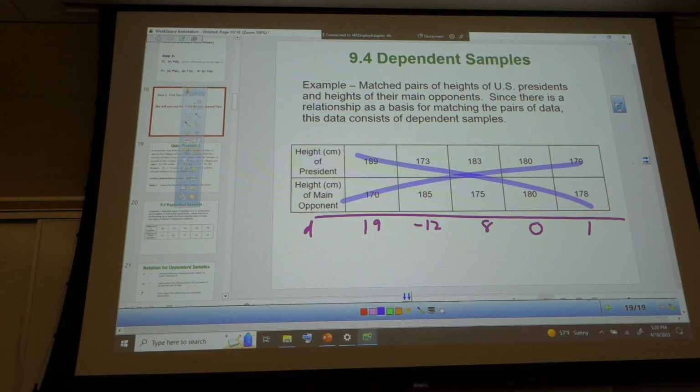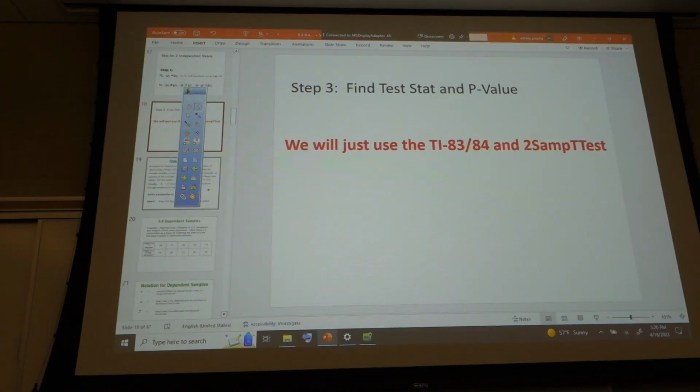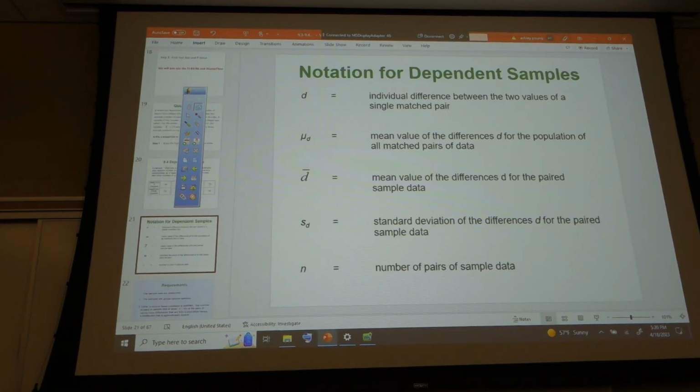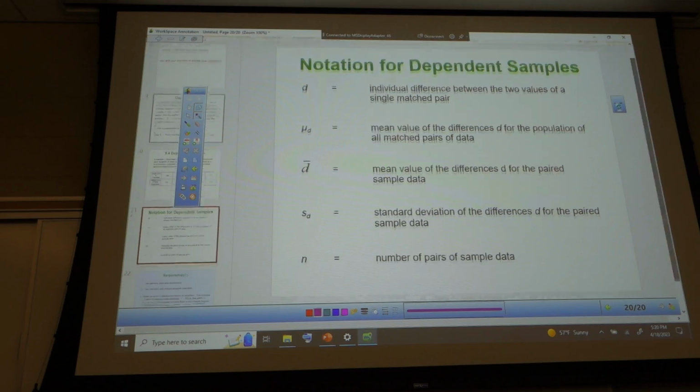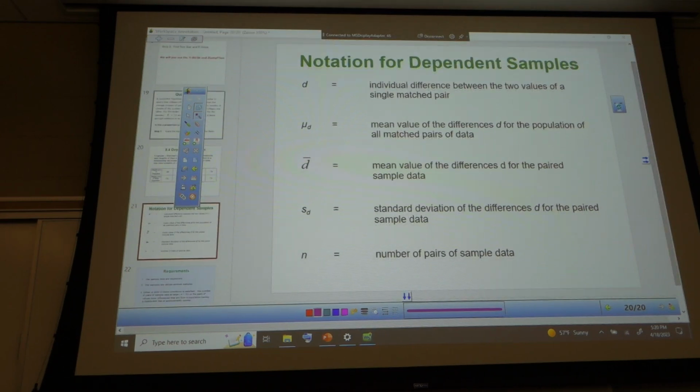There is some notation. D is the little differences individually. Mu D is, in theory, the population of all differences. D bar is the average of your sample. I like to think of this as X bar sub D. Your calculator will call it X bar because your calculator doesn't know better.